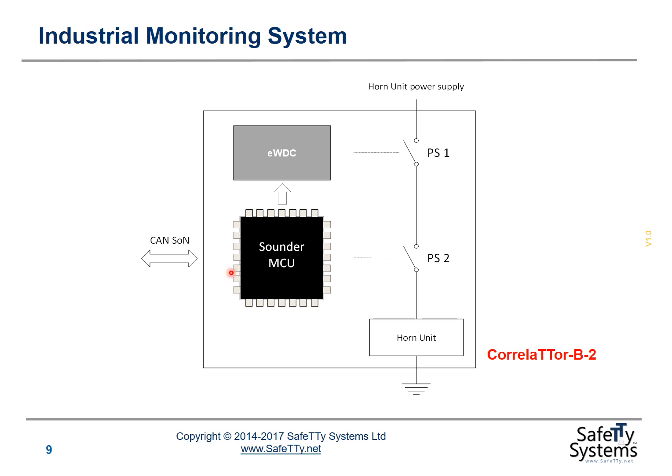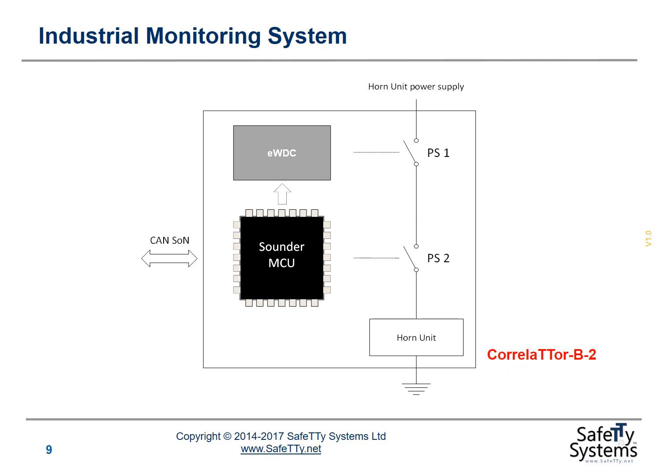So we receive commands over this CAN link to control the state of the horn, and that will in turn have us control this power switch, which will control the power to the horn unit. In order to ensure that we can meet functional safety requirement 3, which means that we don't want to have false alarms, we don't want to have the alarm sounded if the microcontroller fails, we've opted to go for a Correlator B design.